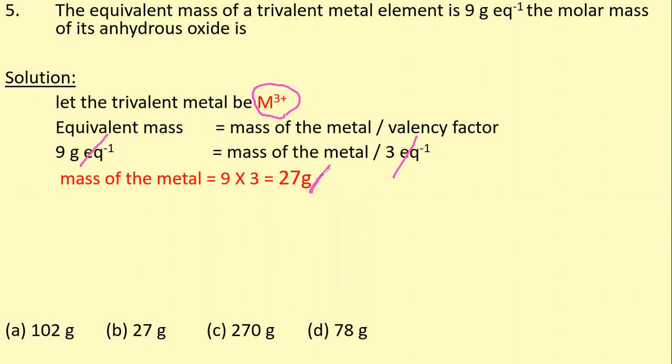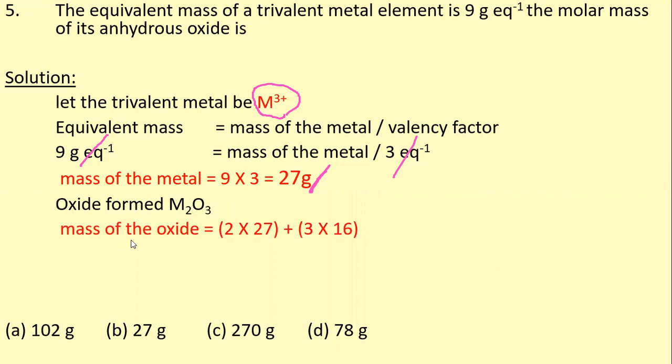So the next term will be the molar mass of its oxide. So the oxide form, that is the metal reacts with oxygen, which will be given by M2O3. Okay. So now the mass of the oxide, you have to calculate the molecular mass.